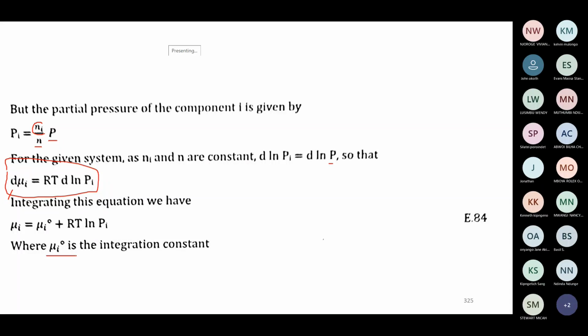So for that particular component i, this chemical potential at particular standard conditions is a constant, that is mu i prime.